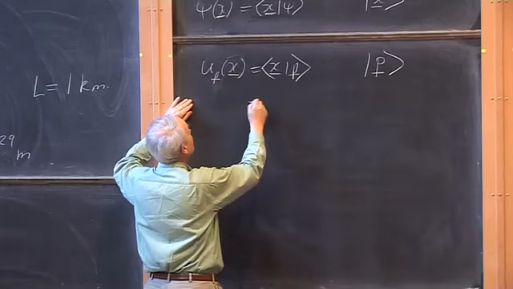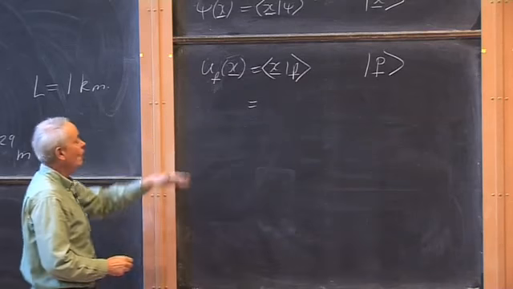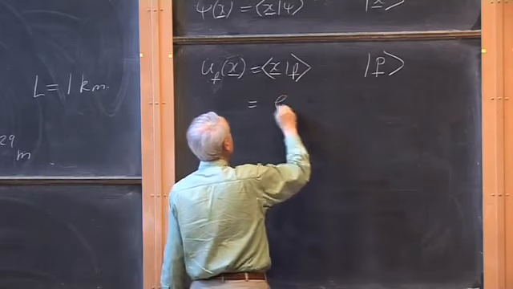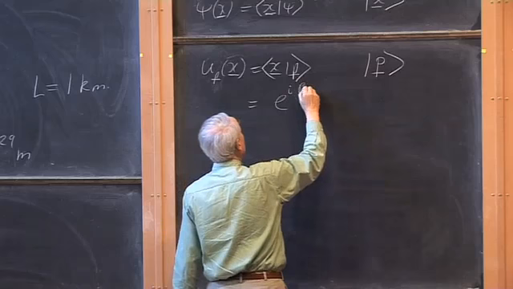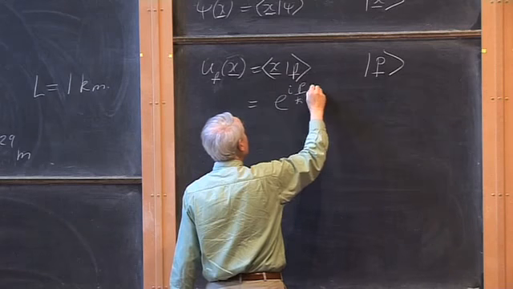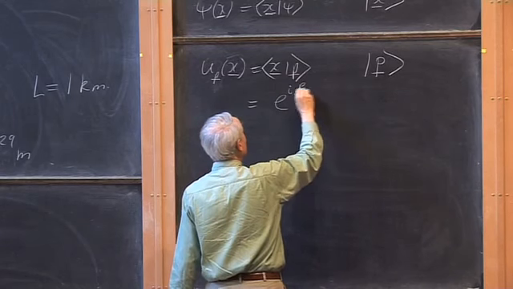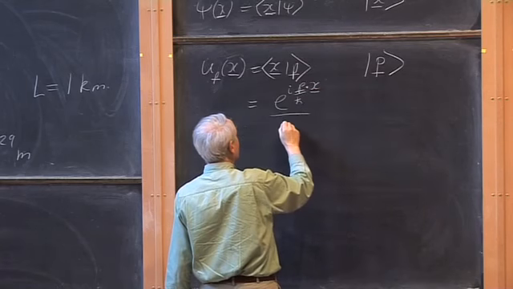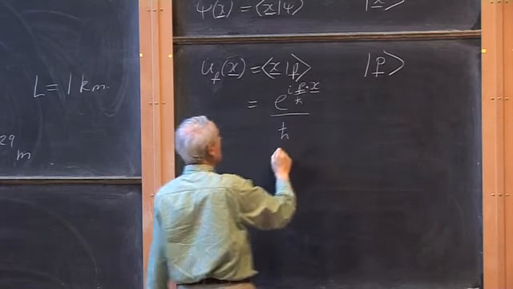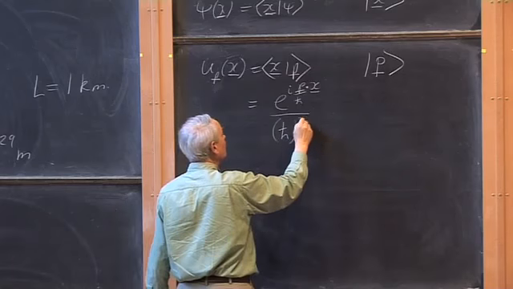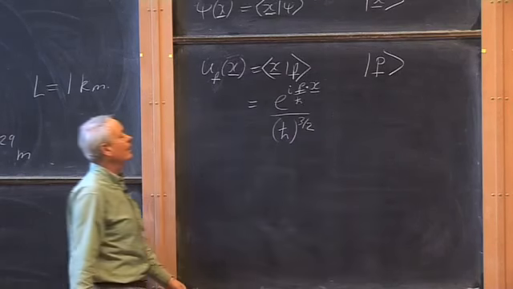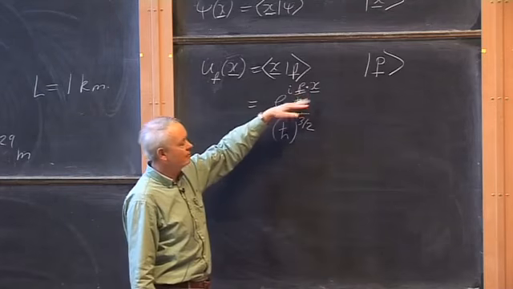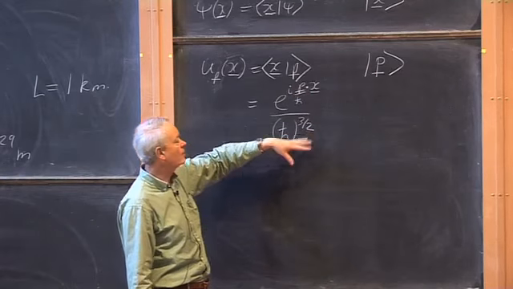And whereas when we were doing this in one dimension, we found that this was e to the i p over h bar times x, not vectored. Now that's a vector, and whereas on the bottom we used to have h bar to the 1/2, now we have h bar to the 3/2, reflecting the fact that there's an x component, a y component, and a z component.